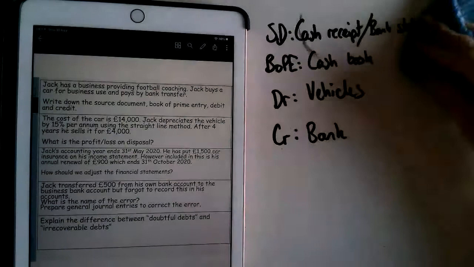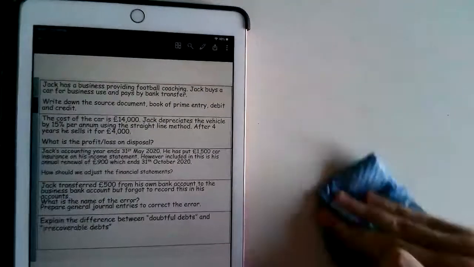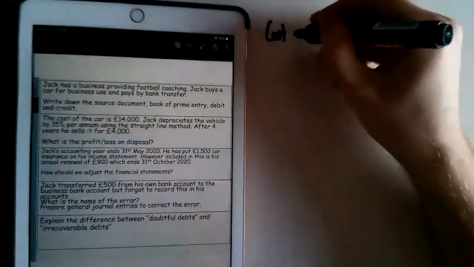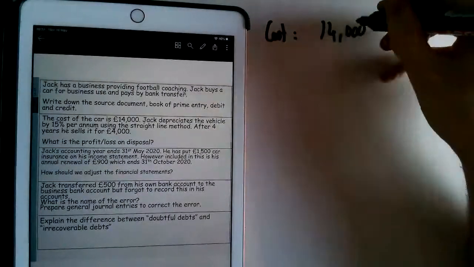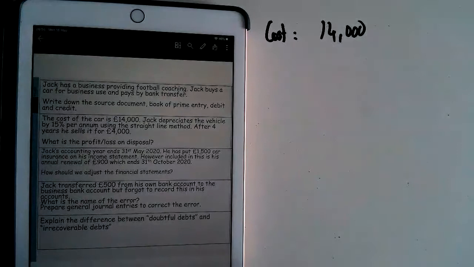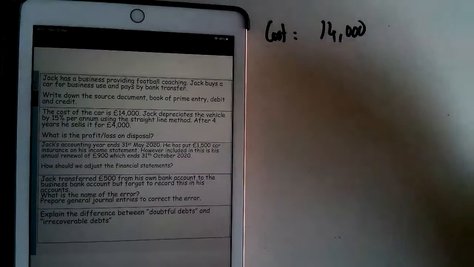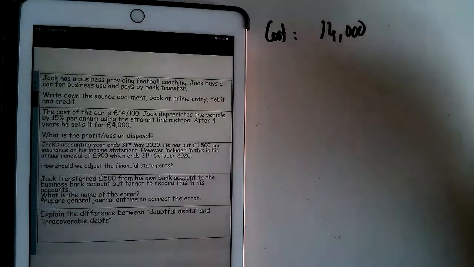Okay. Next one. So the cost of the car is £14,000, and he depreciates the vehicle by 15% per annum using the straight line method. So remember the straight line method is where it's the same amount each year.